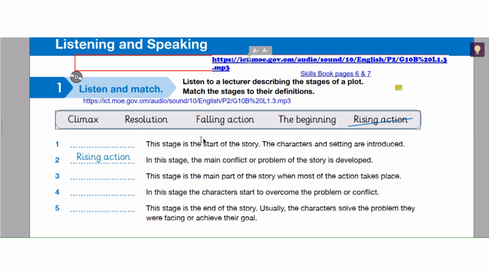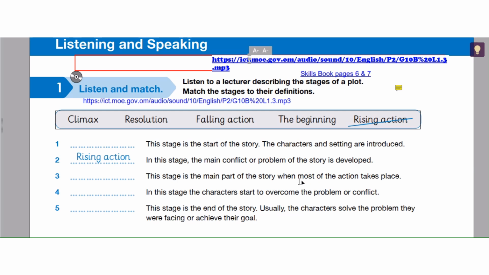Today, I'm going to focus on one of the simplest types of plot structure. The first stage of the plot is the beginning of the story. This stage sets the scene and introduces the characters. The next stage of the plot is the rising action. Usually, this stage is about a problem or a conflict a character is facing.